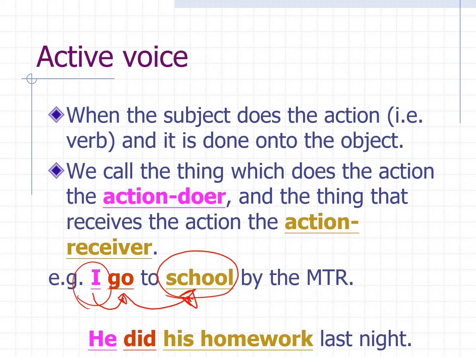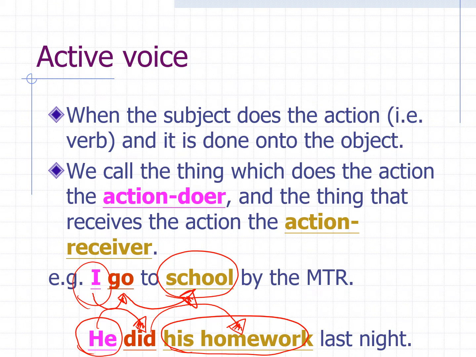Now, in the second example, we see that he, which is highlighted in pink, is doing the action of doing in this sentence, and his homework is not doing any action. Instead, the action of doing is being done on the homework by he. So this is the meaning of action doer and action receiver.